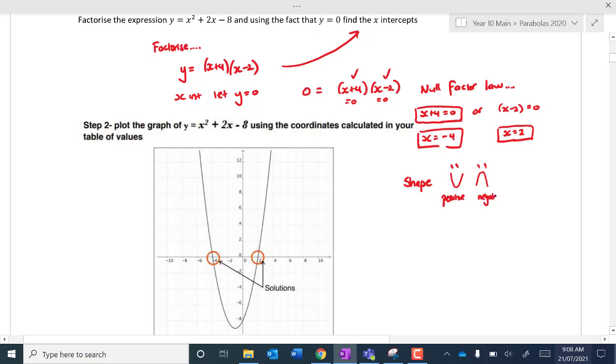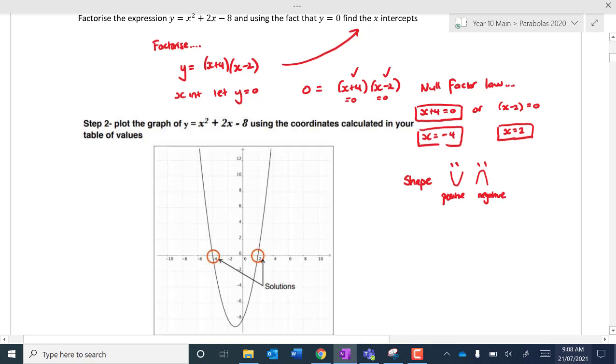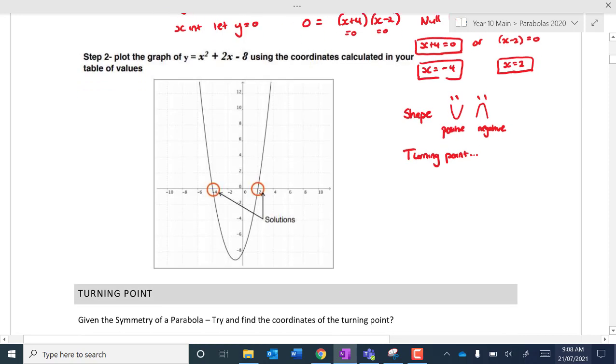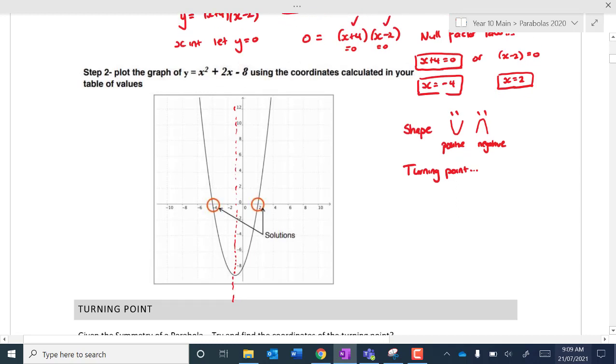And we've also got where it turns, so we've got the turning point. We'll get to the turning point a little bit later, but for the time being, what I hope you can notice is that it's symmetrical. It actually turns halfway between the two intercepts, and we've just established the two intercepts for this are -4, which we can see here, there's our x-intercept, and +2.